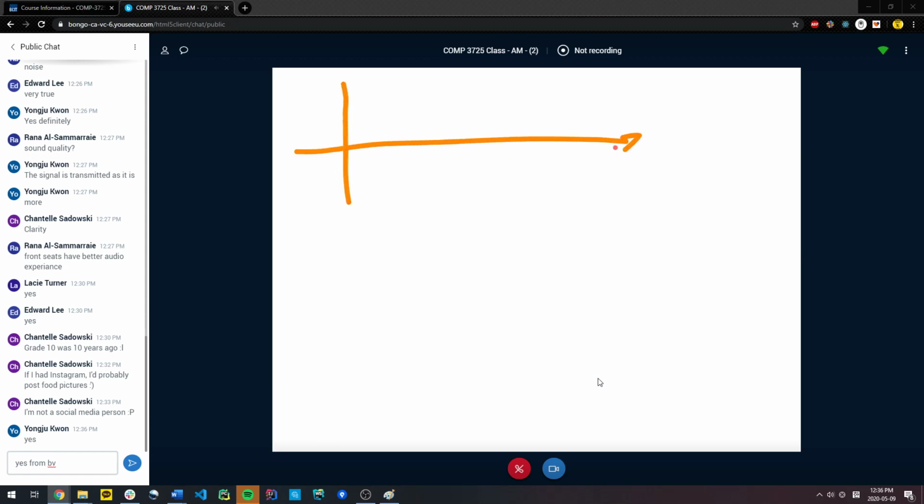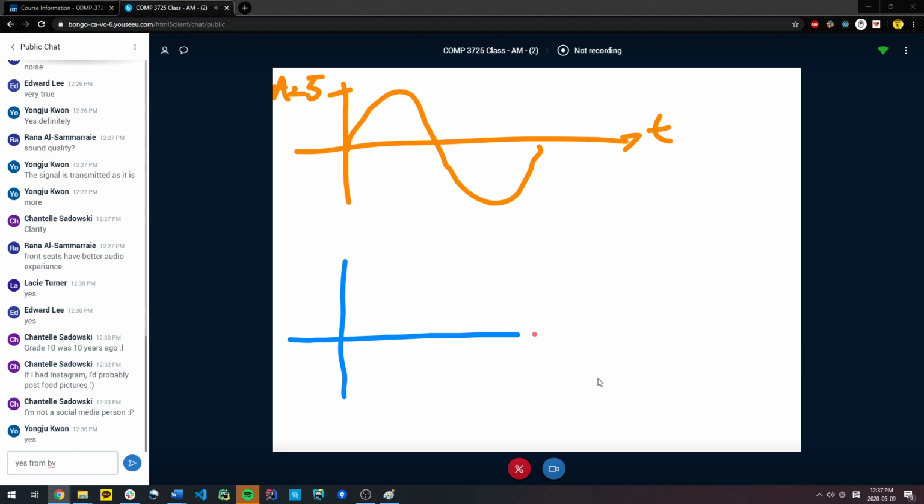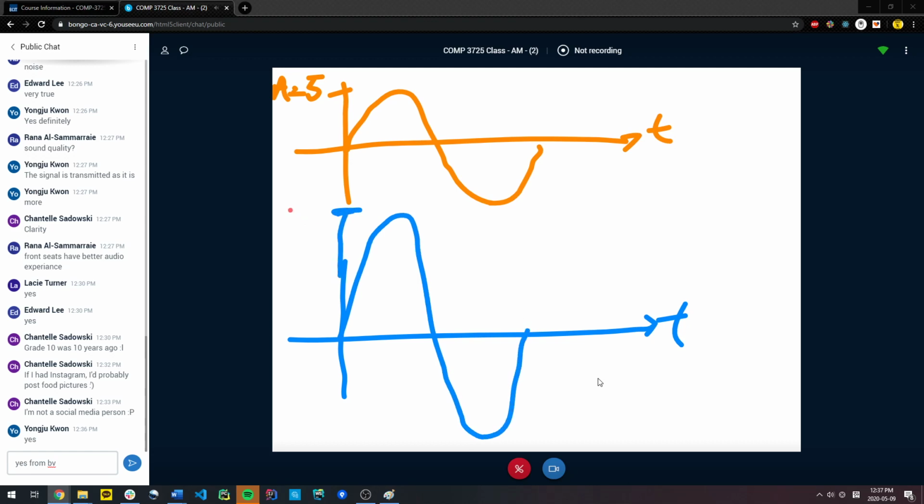If there's a sine wave that goes like this, with respect to time, and this is A equals 5 volts, versus another sine wave that looks like this, where A now equals 10 volts.